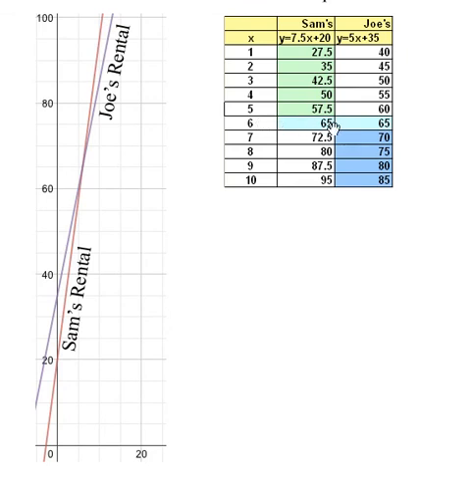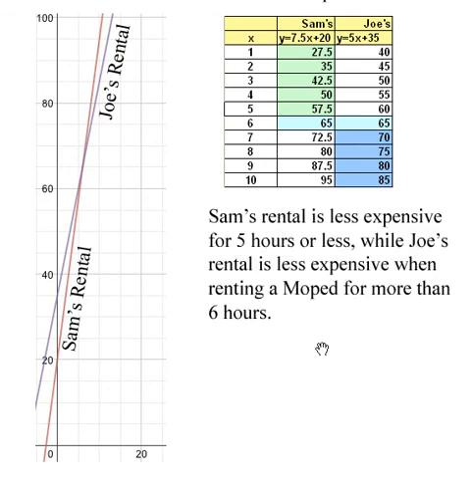And at the 6 hours, both costs are the same. And then Joe's would be more cost effective for anything over 6 hours. So if you're going 7, 8, 9, 10 hours, that would be the thing to do, is to go with Joe's. If you're renting anything less than 6 hours, Sam's, and if you're going 6 hours, it doesn't matter.